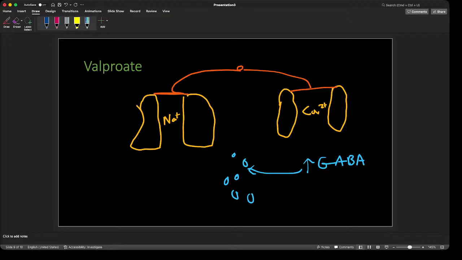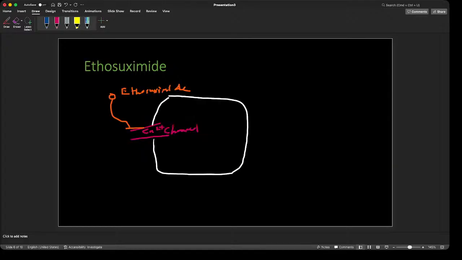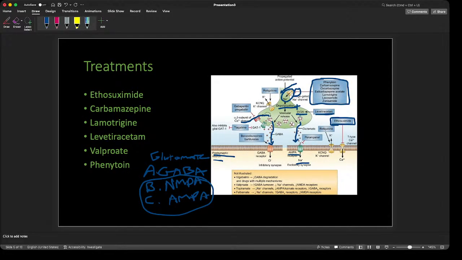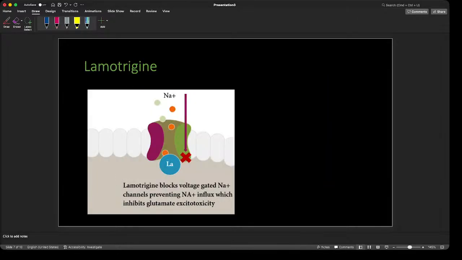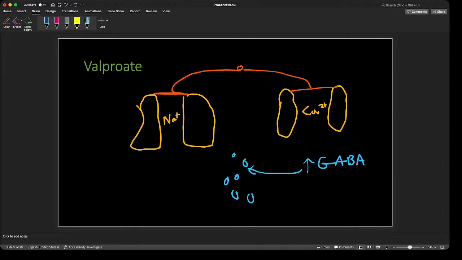I think I listed it here as well. It probably doesn't state in that picture there, but essentially it's going to inhibit the excitatory activity by preventing both, and increasing the GABA use.